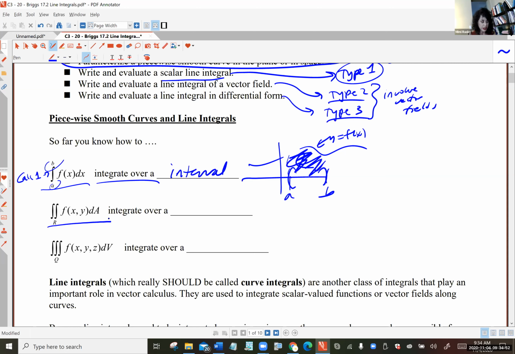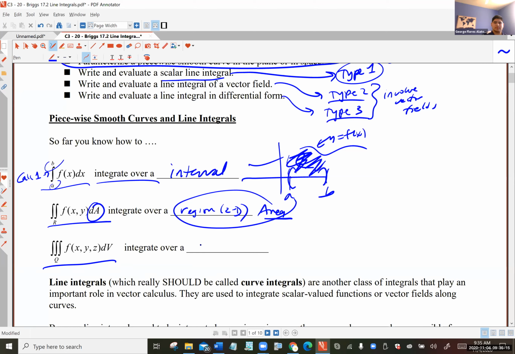How about when you do a double integral? What are you integrating over? A region, but it's a 2D region, right? It's an area. That's why you see this area element over there. Okay, what about when you're doing a triple integral? You're integrating over a region, but what kind of region?